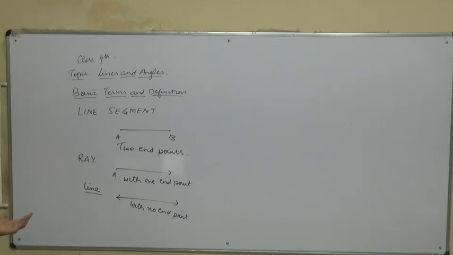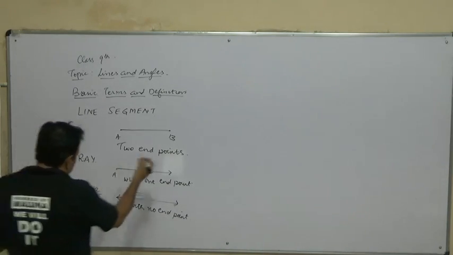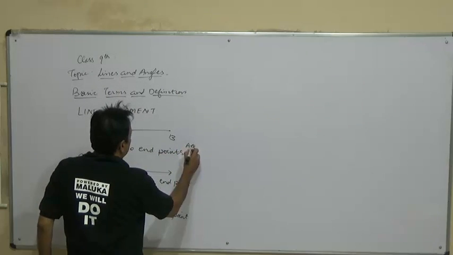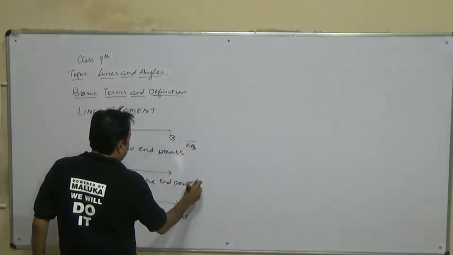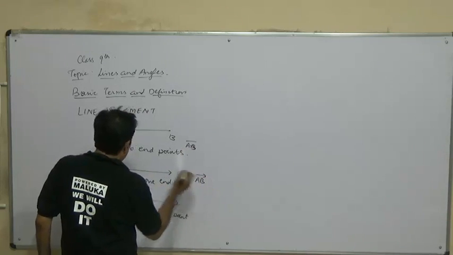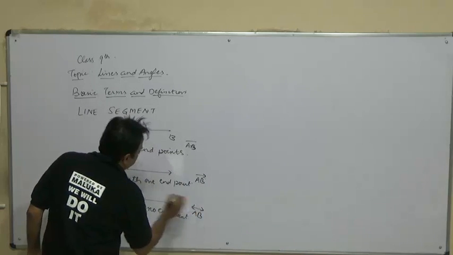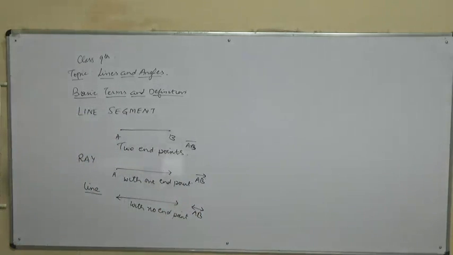It may end up to anything. But in case of a line, it may be denoted by, for example, AB, and this will be AB with this arrow, and this will be AB with both sides extending. So this is how we represent line segment, ray and line.